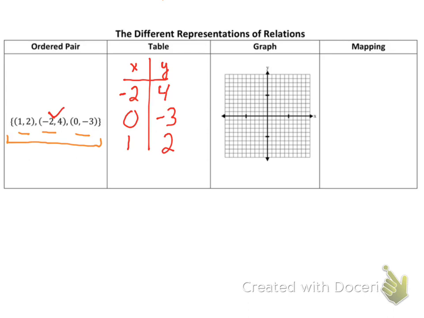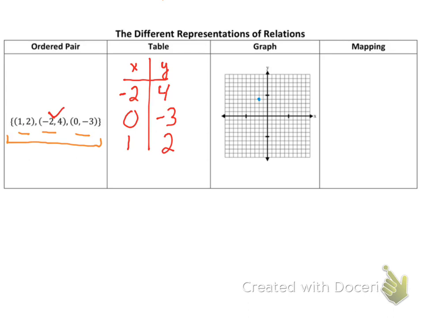We could also graph those points because they are ordered pairs, so they are points. We can graph them on a coordinate plane. So if I wanted to graph -2, 4, I go -2 on the x, up 4. That's going to be that point right there. And then we've got 0, -3.